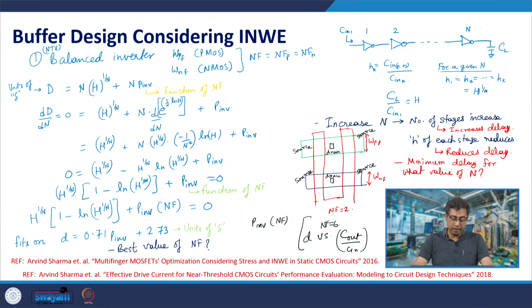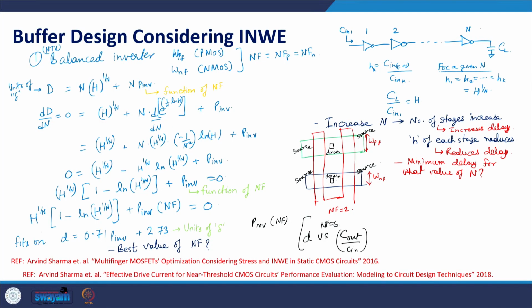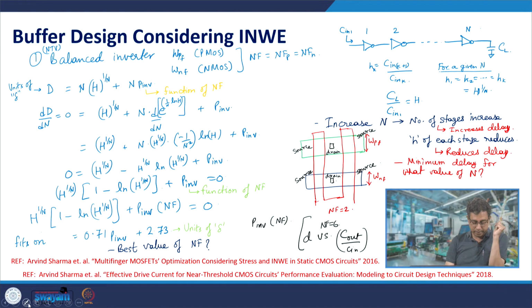So, what have we done? For a given number of fingers, we have obtained the value of WPF, finger width of P MOSFET, which would give a balanced inverter. Now, for that number of fingers, we have obtained the optimum value of n. So, this expression, so we need to optimize the value of n or get a value of n number of stages, which would fit on this expression for this number of fingers, for a given number of fingers.